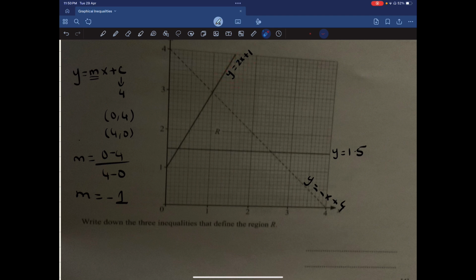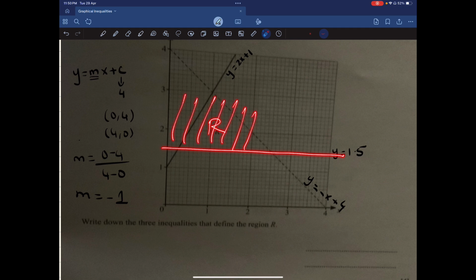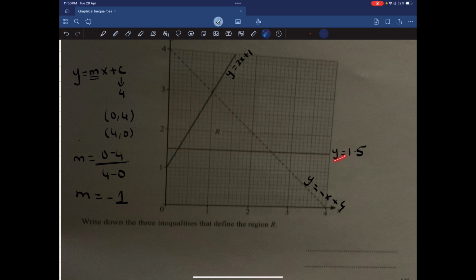Now we are going to place the inequality signs. So let's begin with the horizontal line. So the required region is above the line, right? So it is going to be greater than or equal to, because it is a solid line. Okay, so what is the inequality going to be? Greater than or equal to. So the first inequality is y is greater than or equal to 1.5.